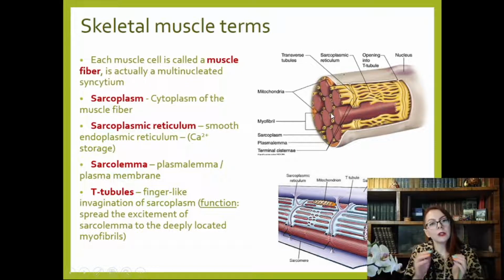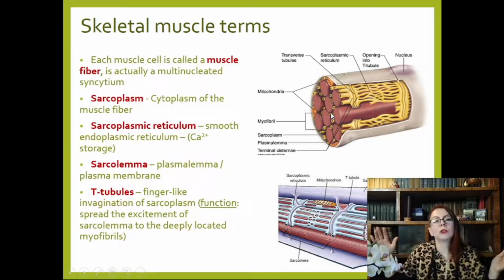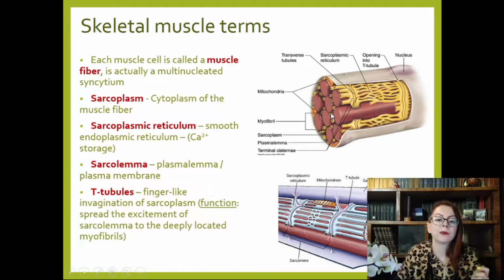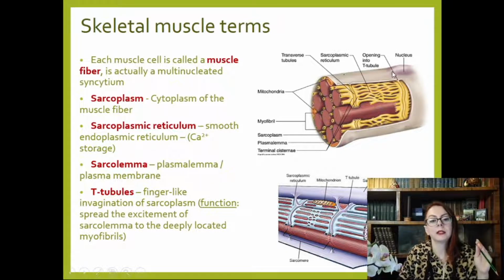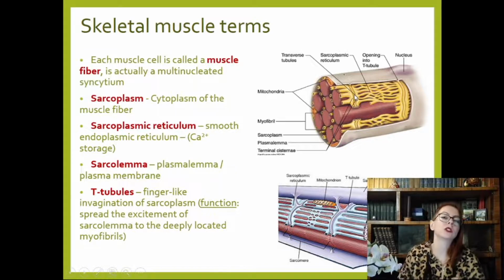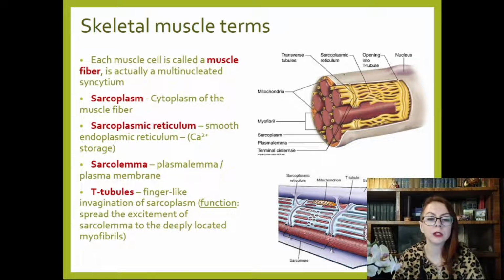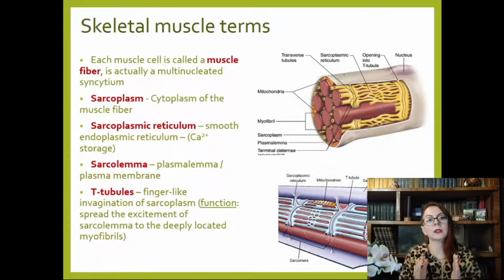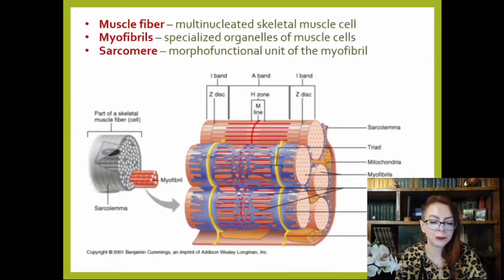And to excite them all together, not only superficial but also deep myofibrils, special invaginations are needed. So once the sarcolemma gets excited, the T-tubule system spreads this excitation to even the deeply located myofibrils, and they all contract simultaneously. It's very important.